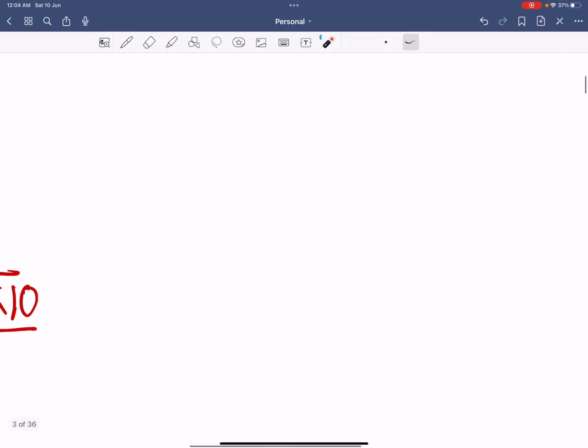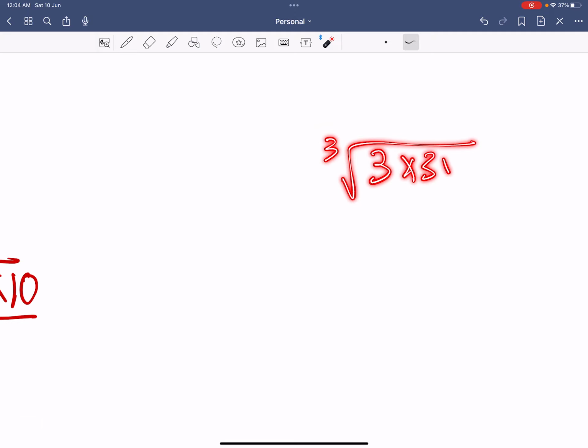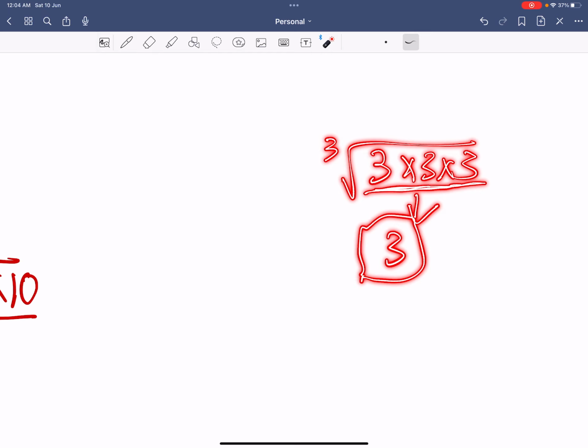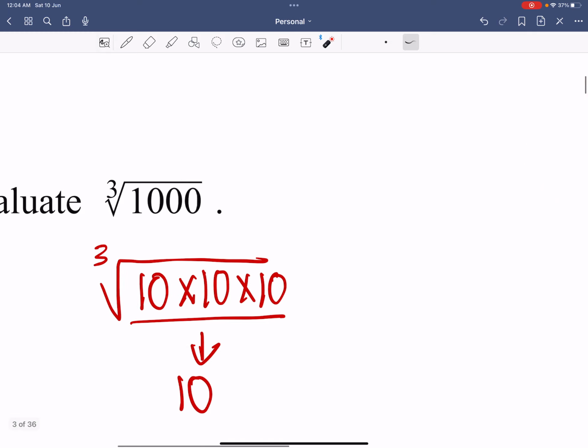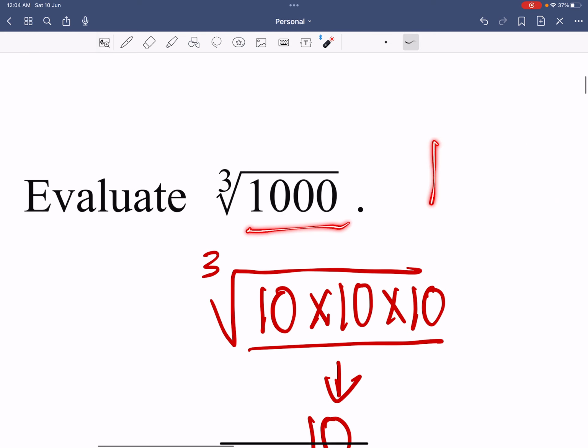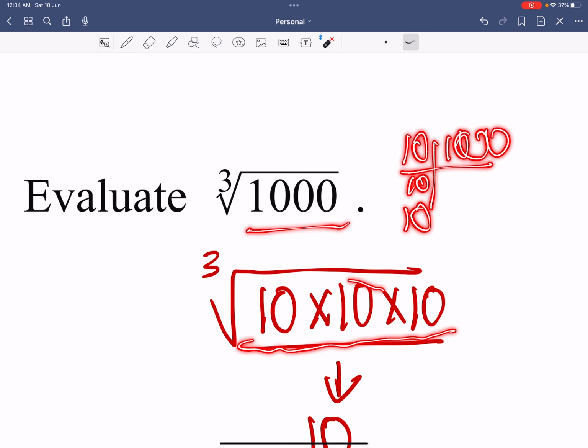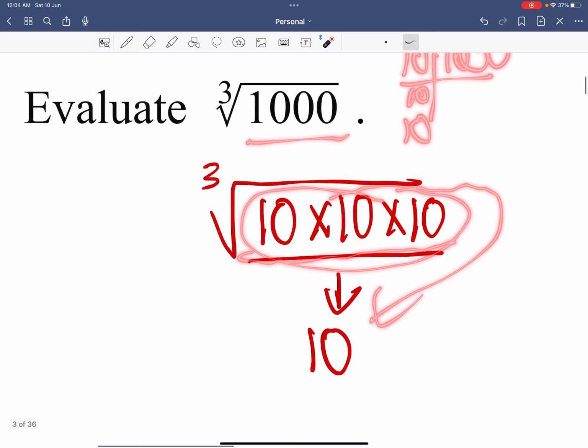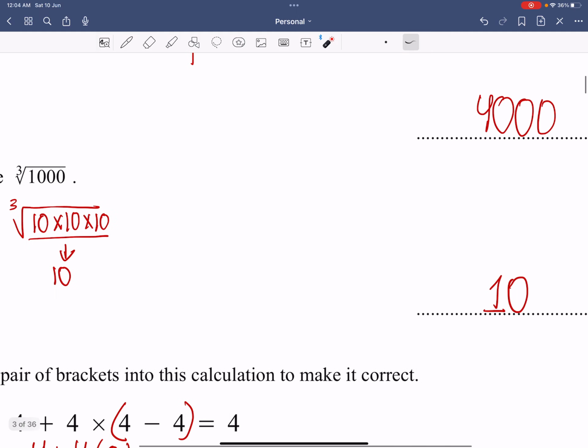So once I've taken the LCM, then I will write 27 as the product of its prime factors, and as you can see it has the perfect 3 factors, so I can take it out, and then this is my answer. So the cube root of 27 is 3. So this is what I did here. I broke down 1000 into 10, 10 and 10, and then since this is the perfect trio, I took 10 common, and this is my answer. So 10 is the answer.